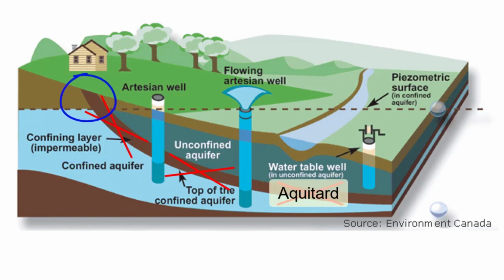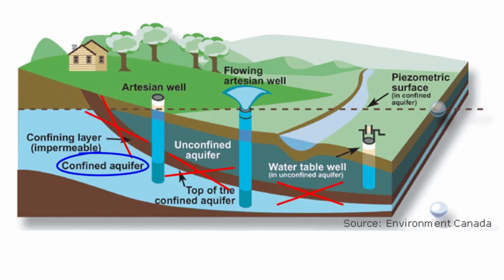Because the rock layers in this area are folding or bending upwards to the left, any water that soaks into the ground up here, to the left of this rock layer, will make its way into the ground and collect in an aquifer under the confining layer. We call that a confined aquifer, and it has its own water table separate from the unconfined aquifer atop it.